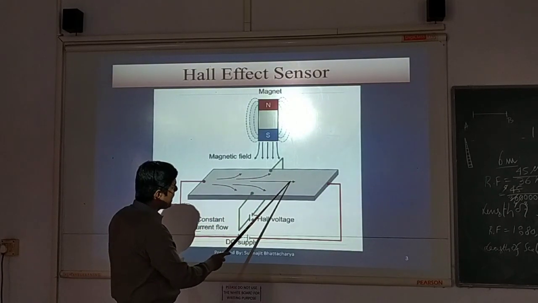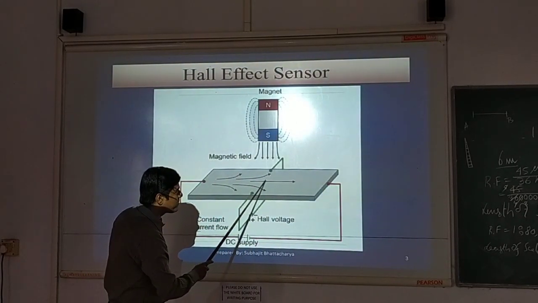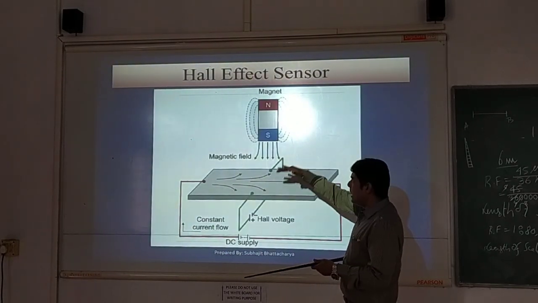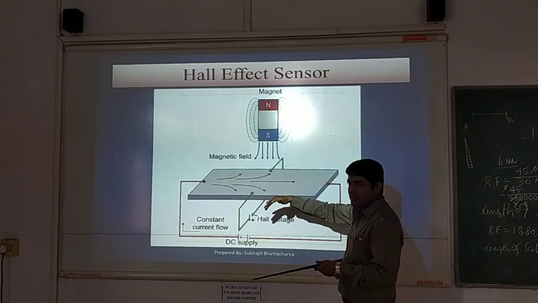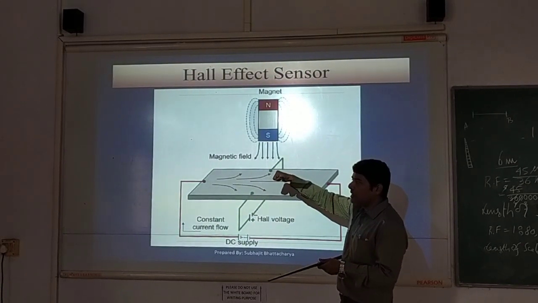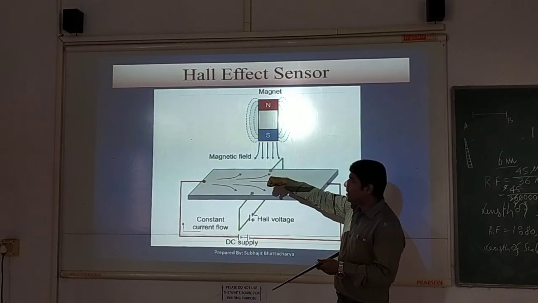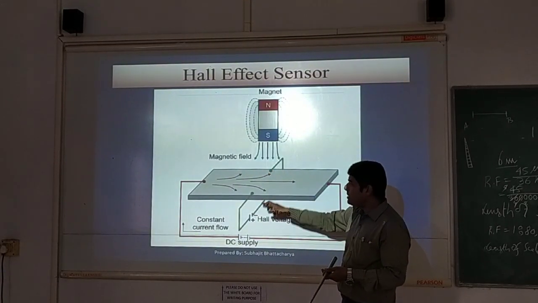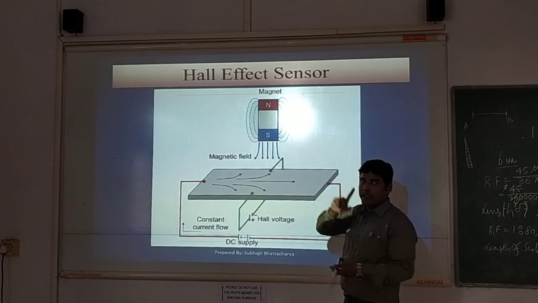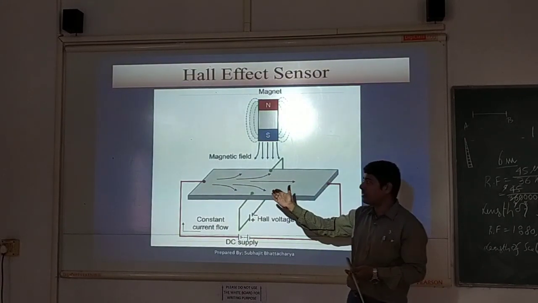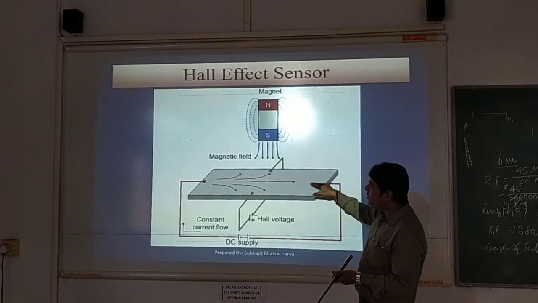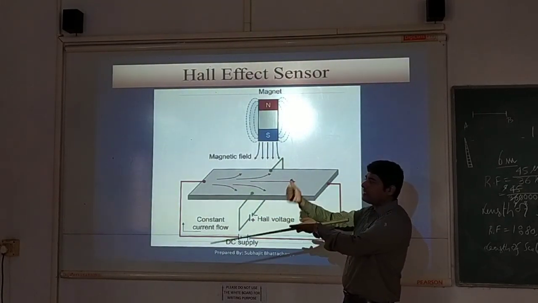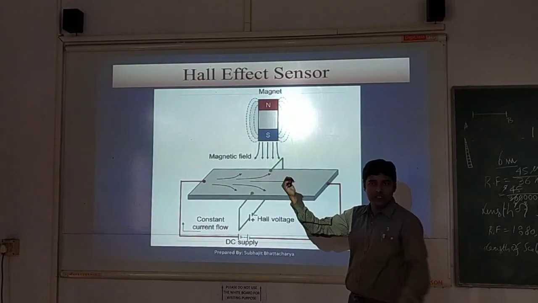So this is the velocity direction, and the magnetic field is in the lower direction. By the right hand thumb rule, we can see the magnetic field is in the direction coming out of this pole. So the magnetic field is in this direction, but the negative charge is there, so the moving electrons will experience a force not in this direction but in this direction, because it is a negative charge.